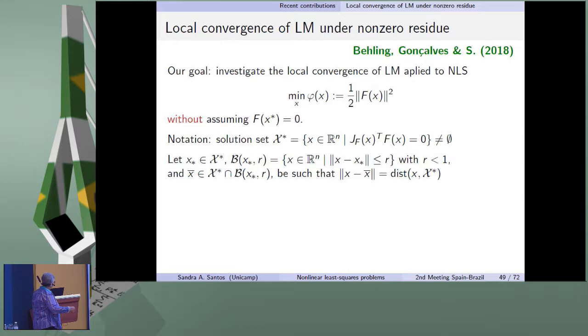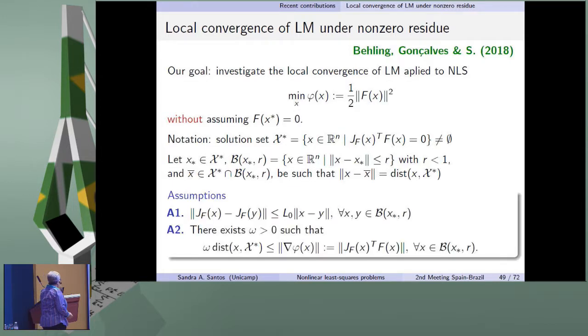And we are using the bar for addressing any point that is stationary and close enough to x star such that this condition here holds. Our basic assumptions are, again, Lipschitz continuity, but in this case, just local Lipschitz continuity in this neighborhood. And we also assume that we have this error-bound condition.